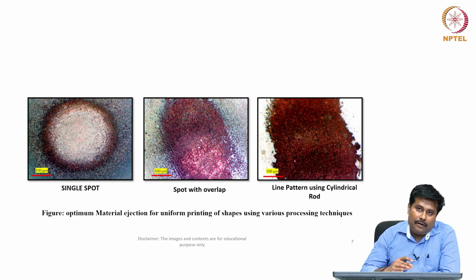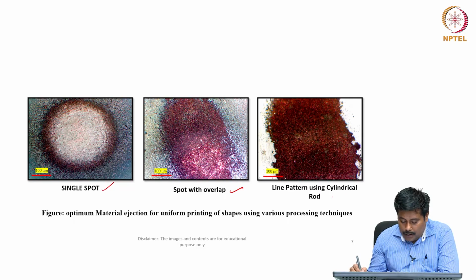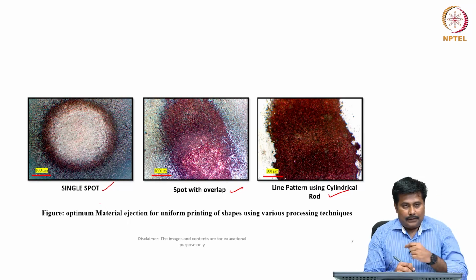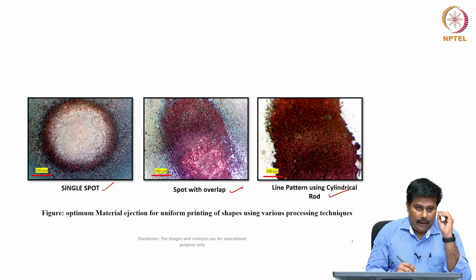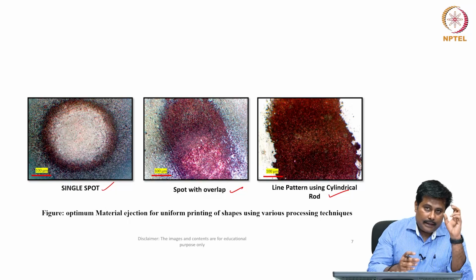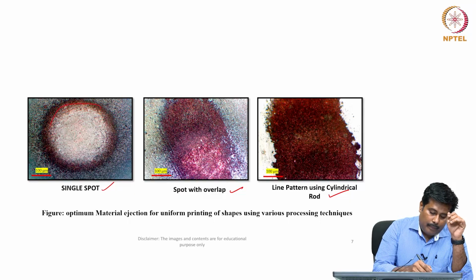Now these are some of the features generated in the non-decay transfer region. This is a single spot, this is a spot with spot overlap, and this is a line pattern using a cylindrical rod. In the case of a single spot, the transfer happens in such a way that the material is ejected from the donor region to the acceptor region, and we get a proper spot.